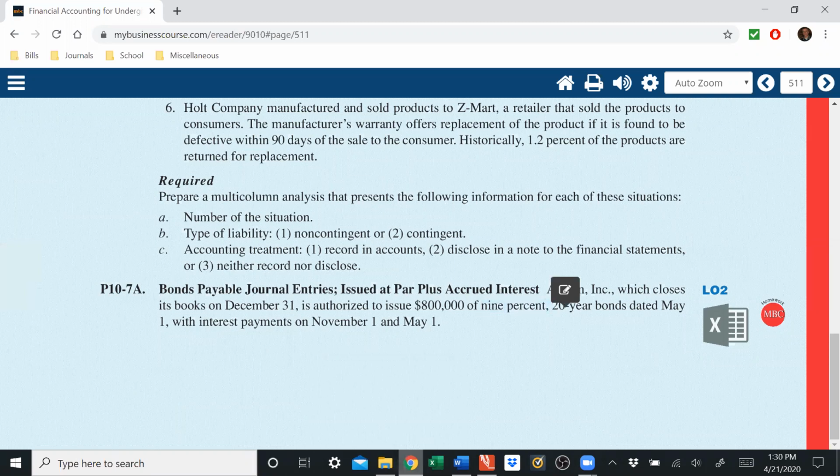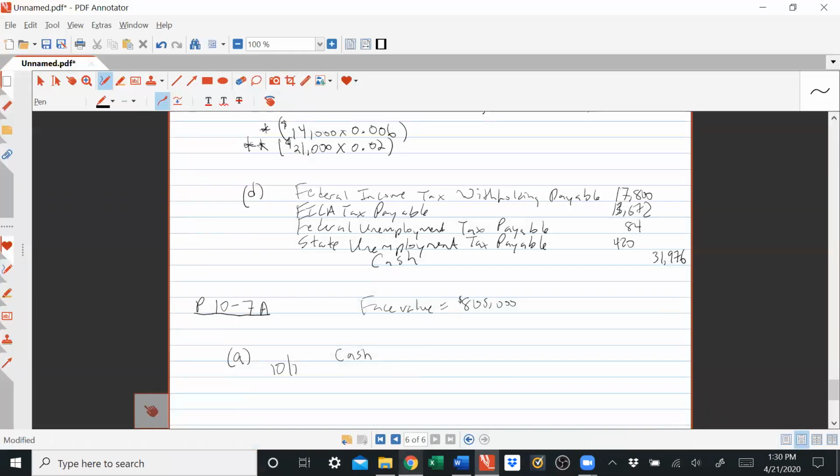And the term is 20 years, and interest is paid semi-annually. There's 40 interest payments, twice each year for 20 years.